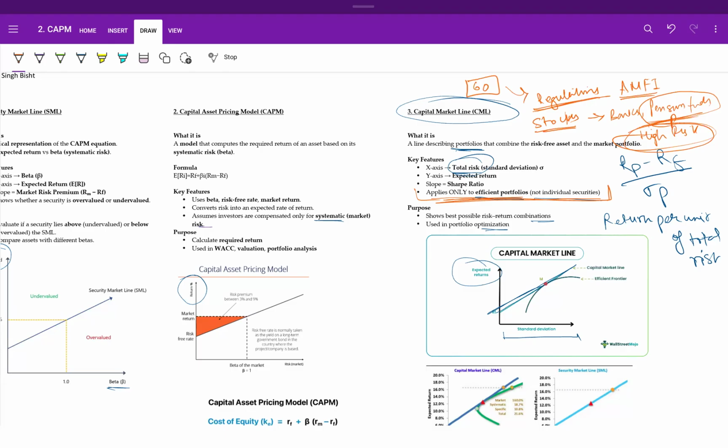So efficient portfolio means, given the level of risk, the time frame, and other factors, after screening everything, what is the best fit of stocks which could be used to make a portfolio.